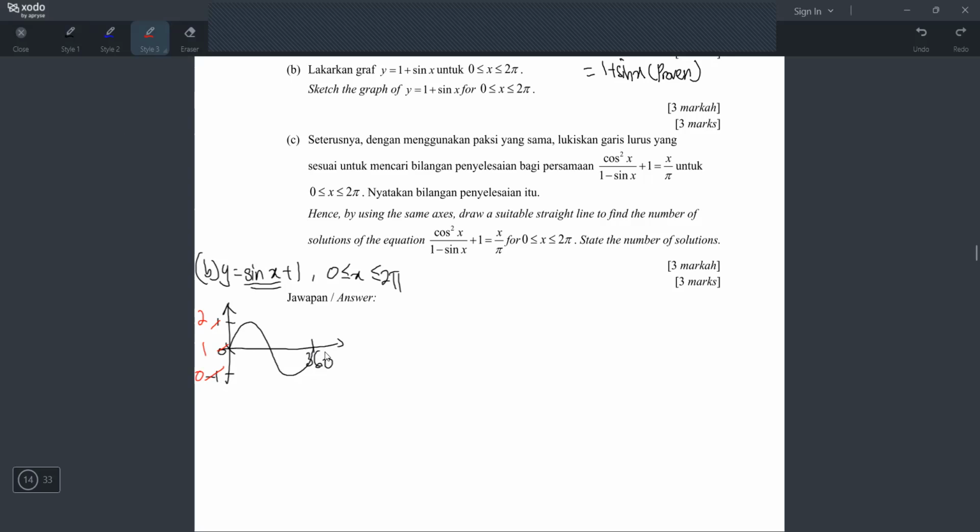It will go down 1 unit, because if your whole graph moves up 1 unit, your x-axis gets pushed down. So where will be your new x-axis? It will be at the 0 here, the new 0, which is here. So this is how your graph looks like at the end.